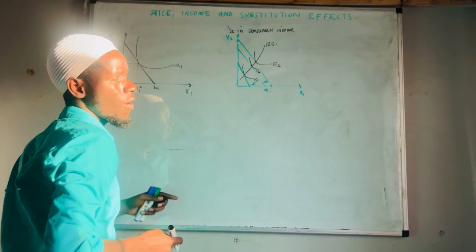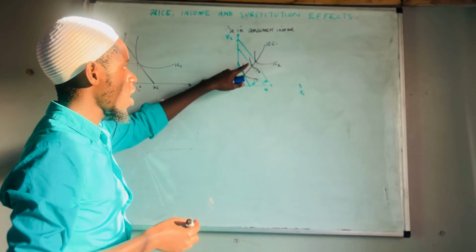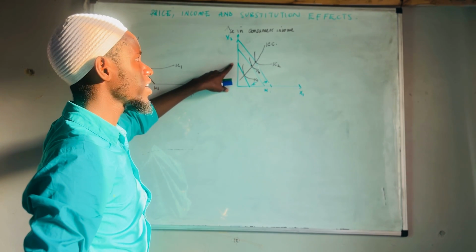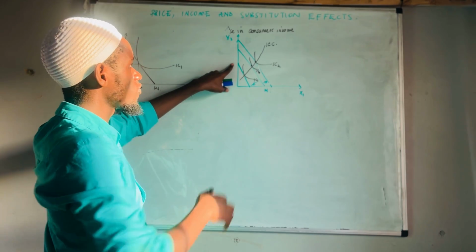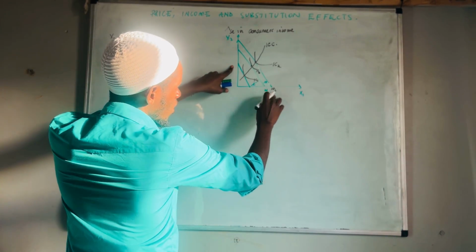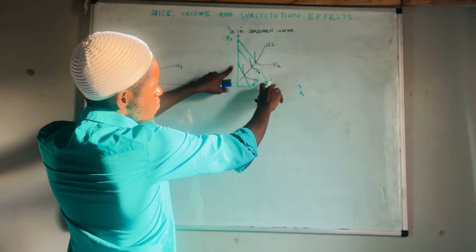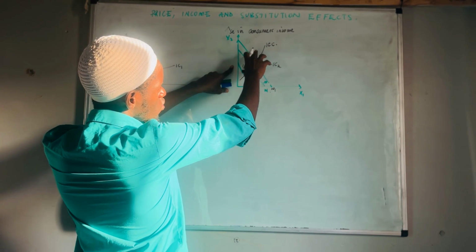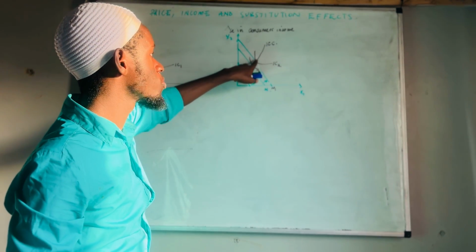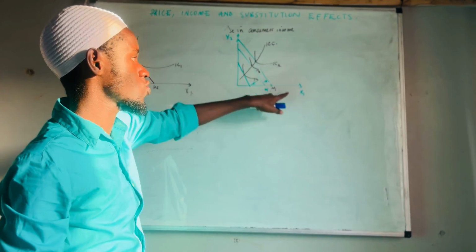We are at IC0 at this point, consuming these quantities of X1 and these quantities of X2. Now, since our income increased, I have to shift outwards to a new budget line, W1, and there will be an indifference curve assigned to this new budget line, and at this point also I will have my optimal quantities of X1 and X2 that this consumer will consume.